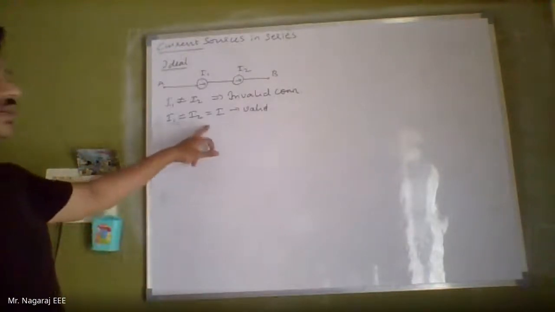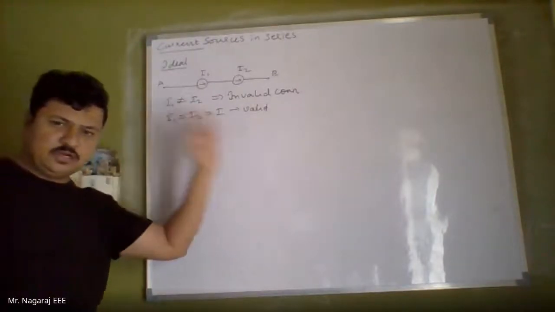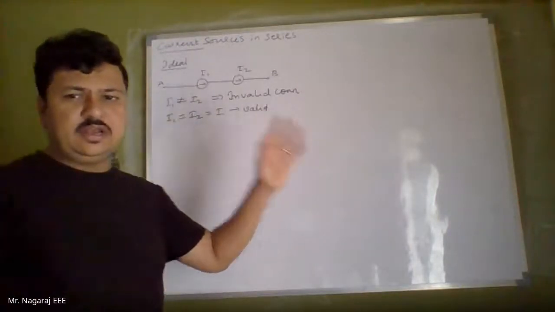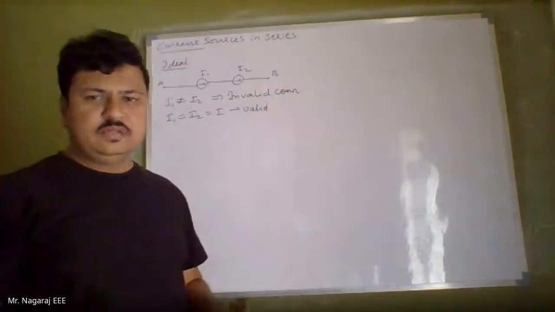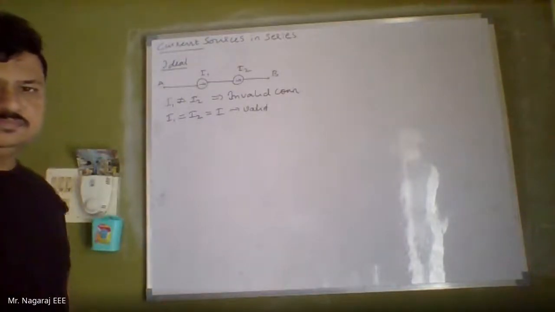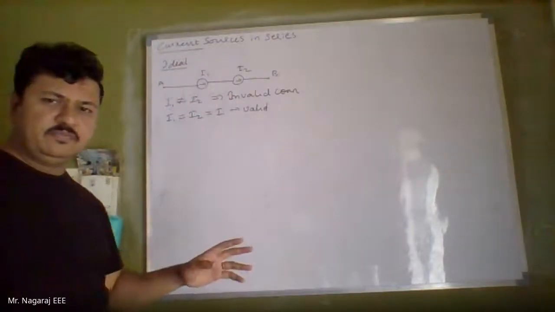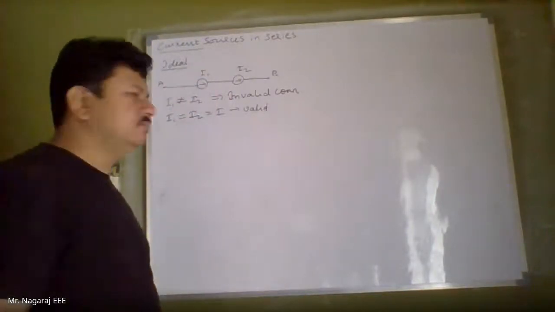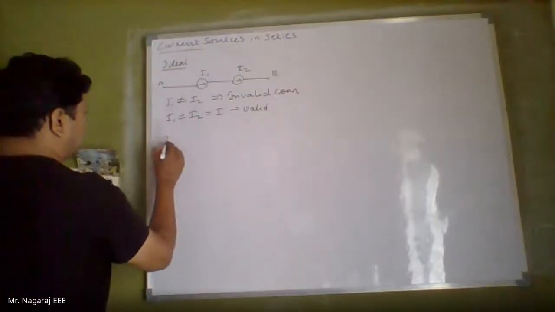Even if I connect n number of current sources in series, and all n sources have exactly the same value, that is a valid connection. But there is no meaning in that, because it is of no use connecting two current sources of the same value in series.